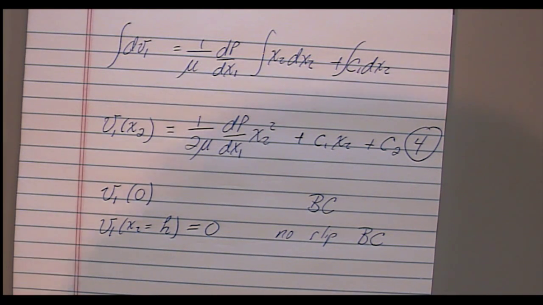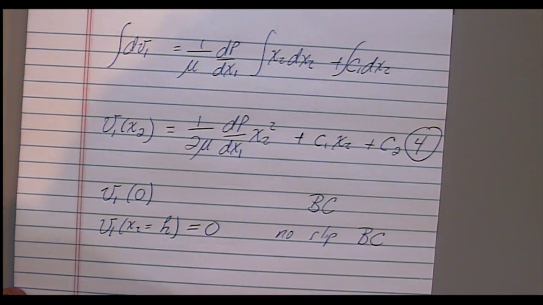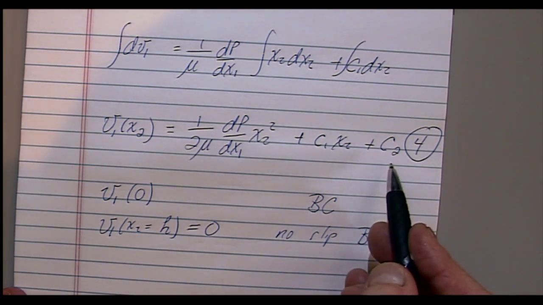And if we insert that information back into these two equations, we'll end up with expressions for c1 and c2. So if we apply the first boundary condition at the top, and we look at our equation up here, right?